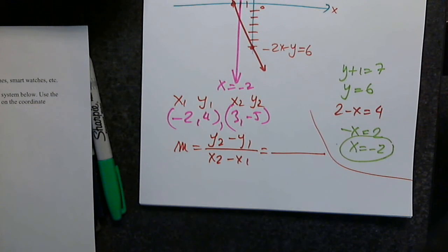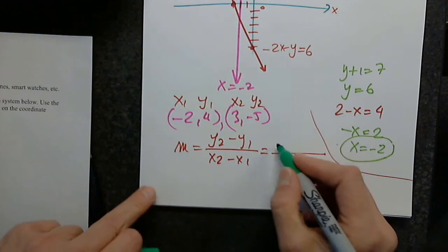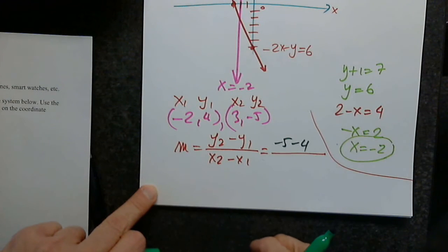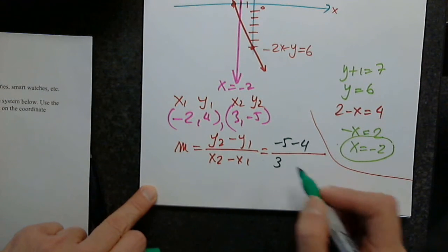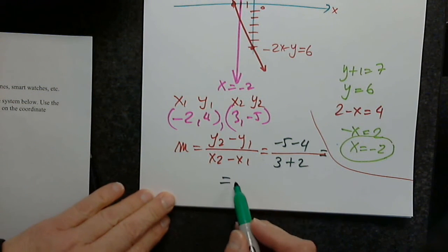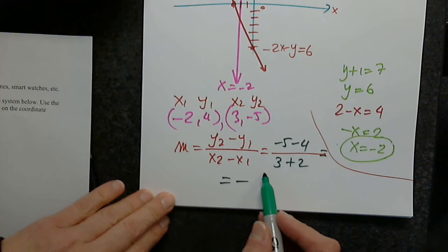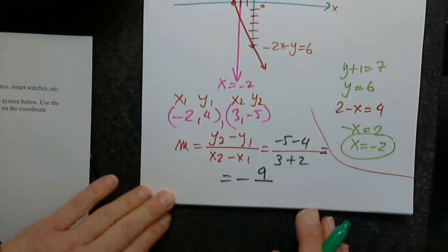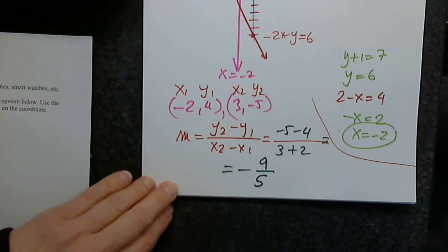Negative 5 minus 4, and 3 plus 2. Very good. Awesome. So the top is negative 9, over 5. Good. So I have the slope.